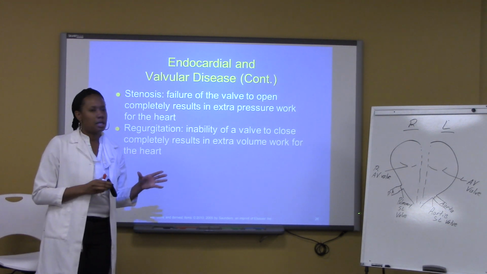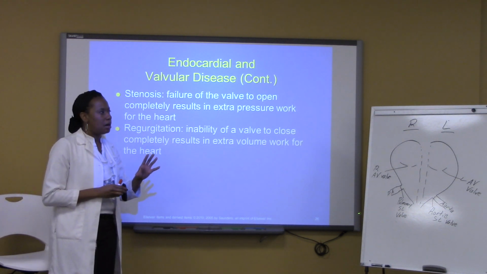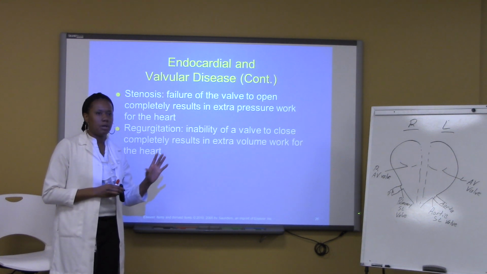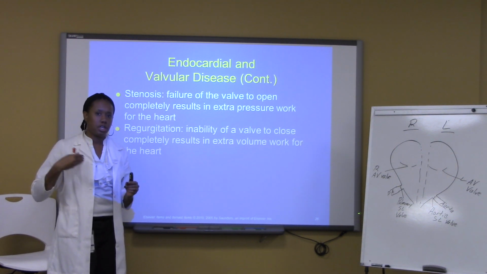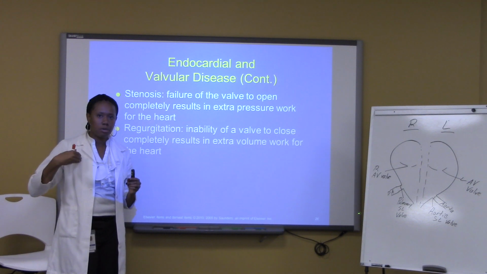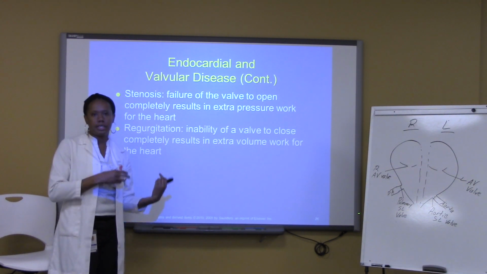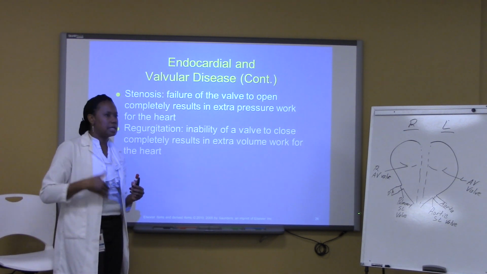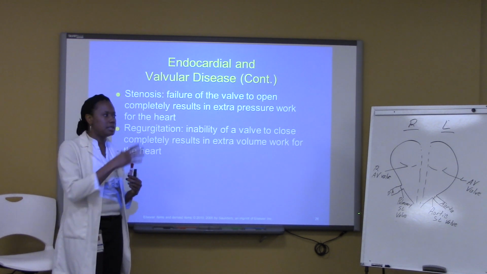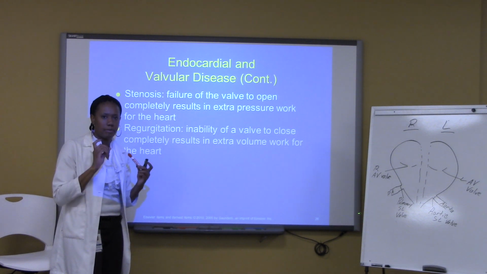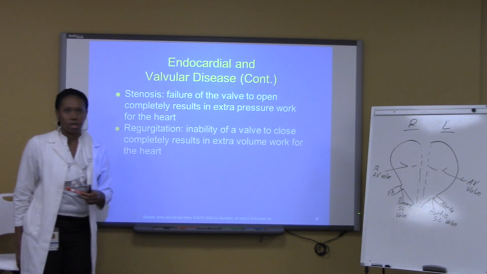So please understand, and I will test you this way, making sure that you understand, well, where's the regurgitation happening? Is there a backflow going into different chambers? Is it causing left-sided heart failure, right-sided heart failure? Is it now really getting to the lungs? Okay, so what is it that's going on with that particular valvular disease?